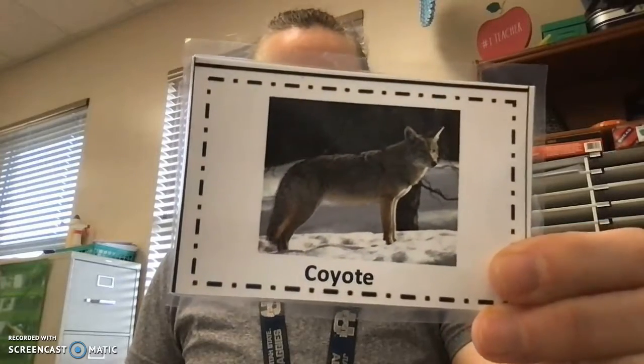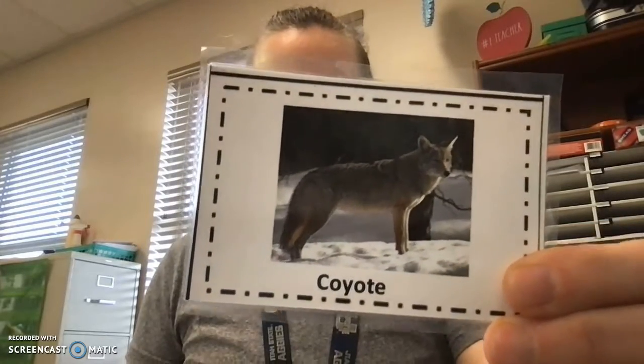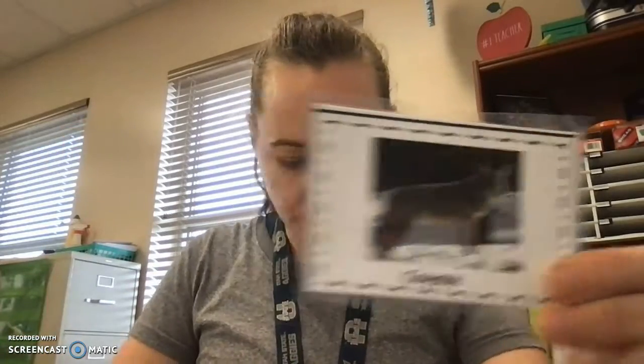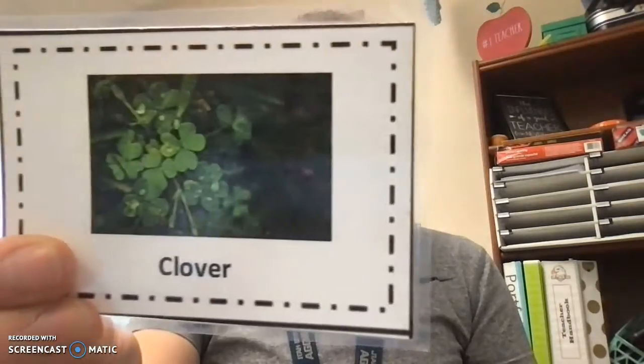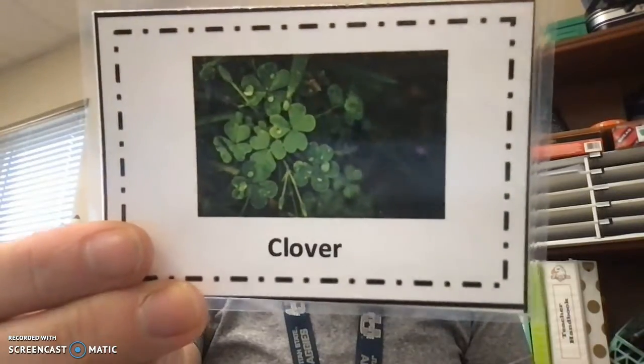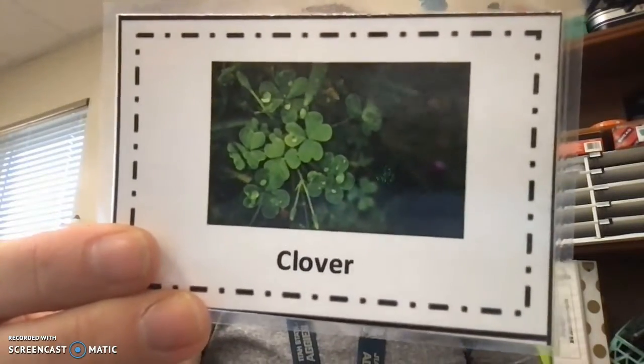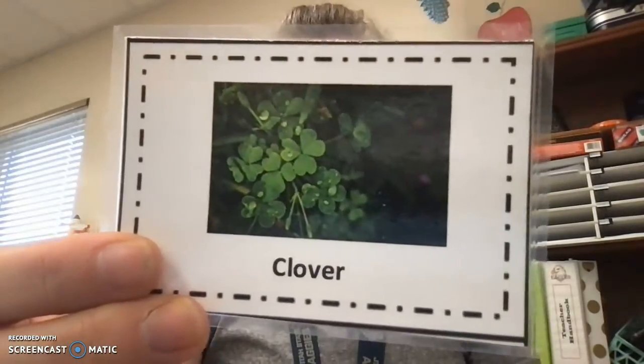What do you think a coyote would be? Tertiary. So you're going to write it in a tertiary consumer. How about these? You might get these growing in your yard or see them at a park or something. Clovers. Right? A clover is a producer.